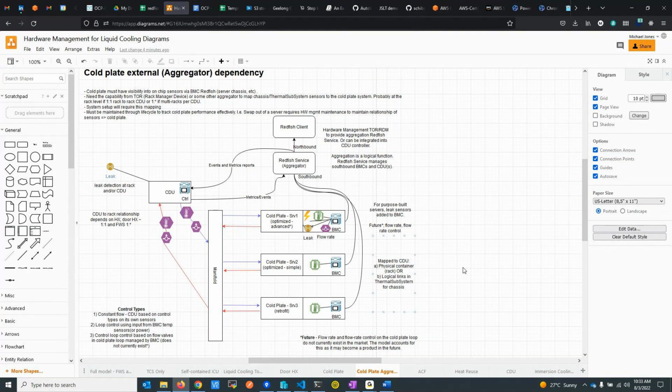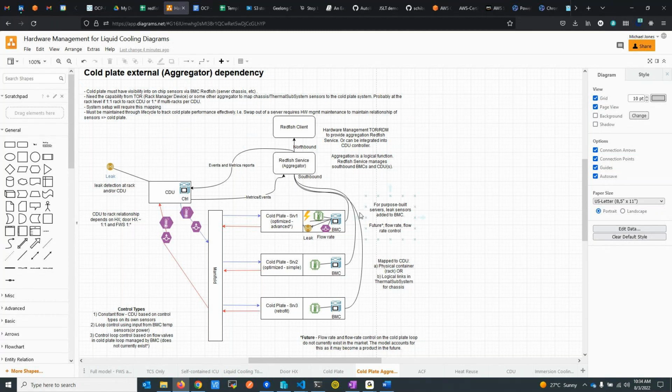So you're going to have to use the same aggregation of the BMCs back into the Redfish service, the Redfish aggregator service, and then your CDU can reference that to make any decisions. Okay, I see. I haven't seen this diagram. I will add this new scenario into this diagram as well, that it applies to enclosed chassis immersion cooling.